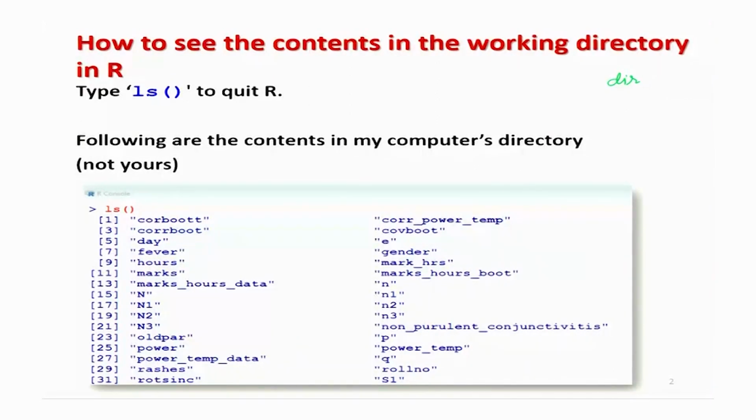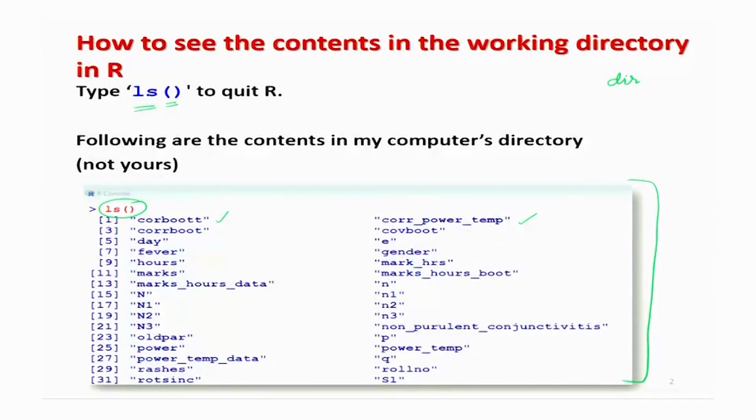Similarly, in the R software, we have the command ls, and if you write ls and this parenthesis, then you will get the contents of the working directory in your computer, not my computer, remember. For example, I have used this command ls, and I have got this outcome. So this is giving me something like core boot, core power temp, etc.